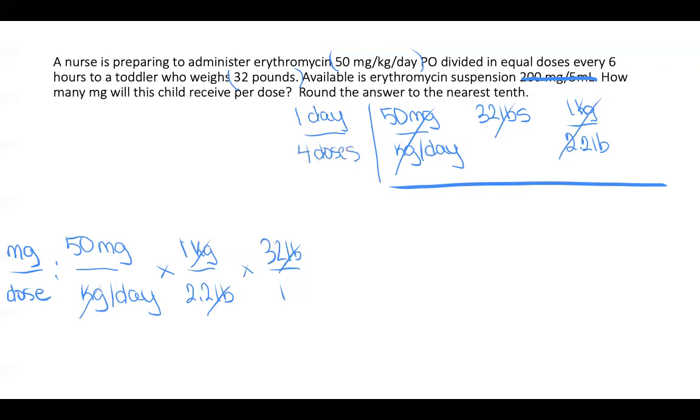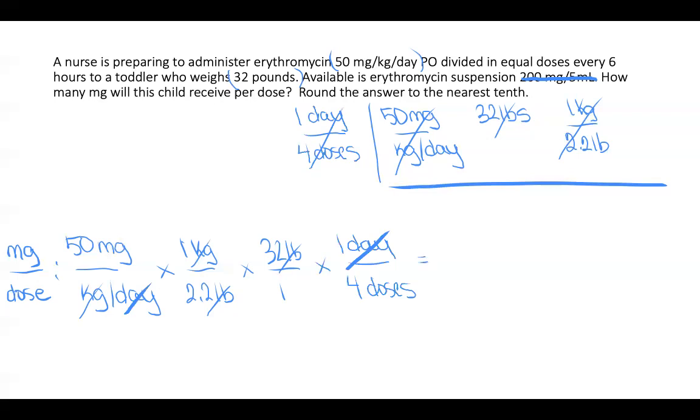In one 24-hour period, this child is going to receive 4 doses of erythromycin. Okay, so I'm going to plug that in. 1 day over 4 doses. And then I can cancel day out. And I'm left with milligrams per dose, which is what I'm looking for.